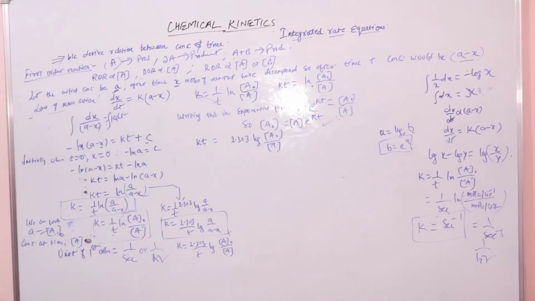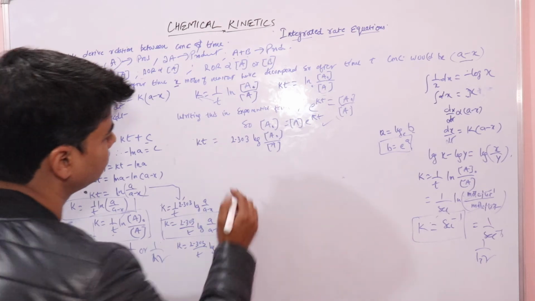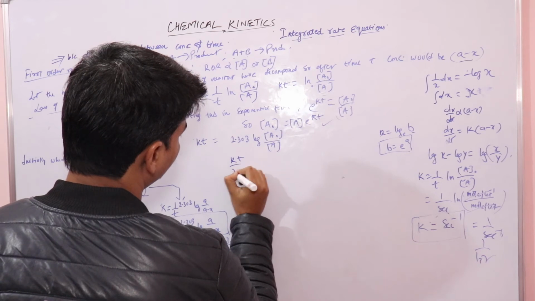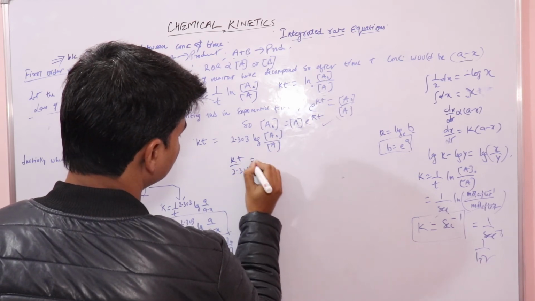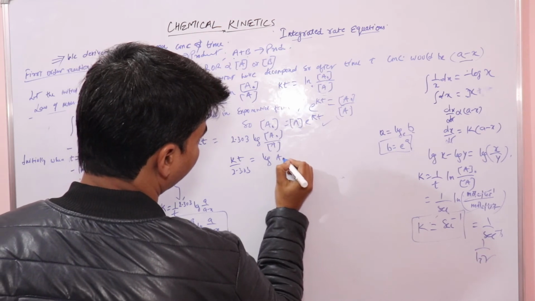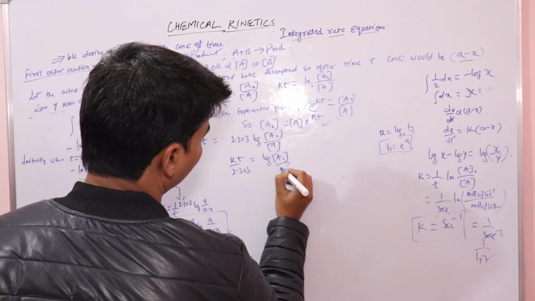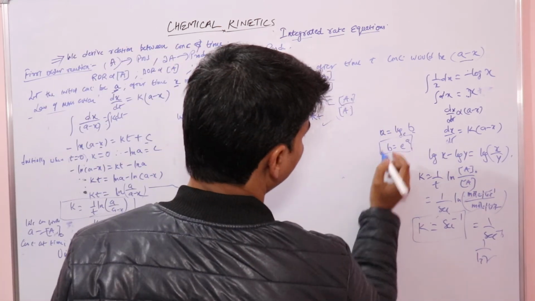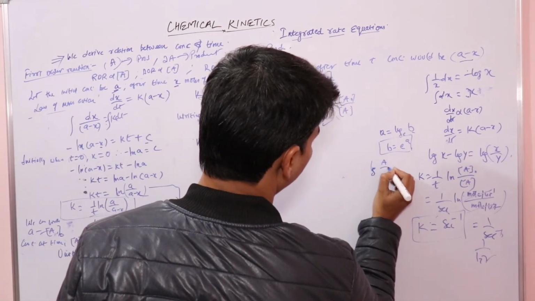We know that the straight line equation is y equal to mx plus c, and there's a formula we will be using again for log a upon b.